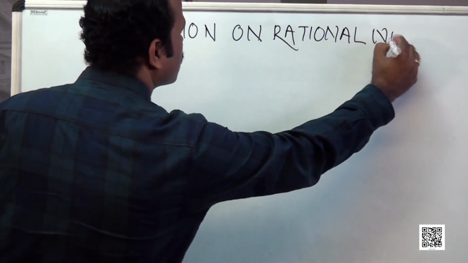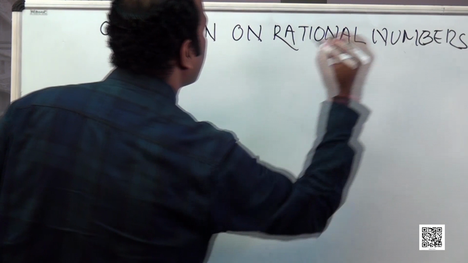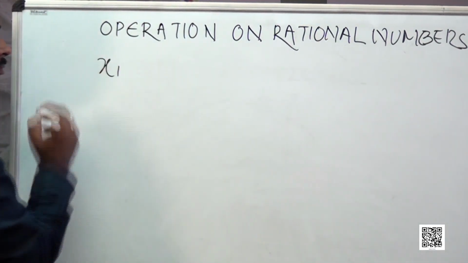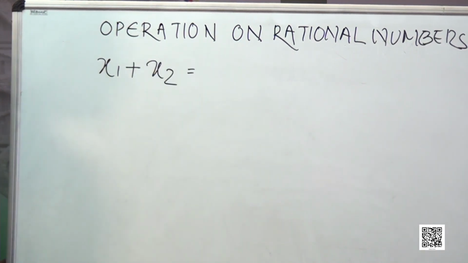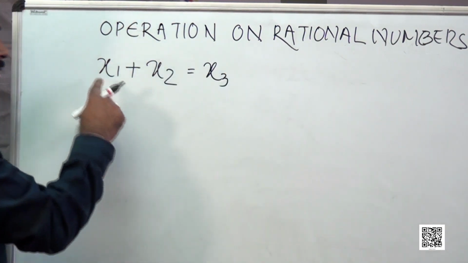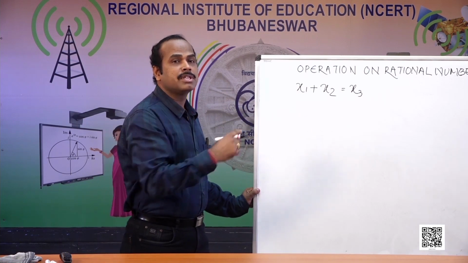Operations on rational numbers. Now when I operate on two rational numbers, suppose one rational number is x1 and another rational number is x2, you will always find the answer belongs to the rational numbers. That means we can say the addition of rational numbers is closed.